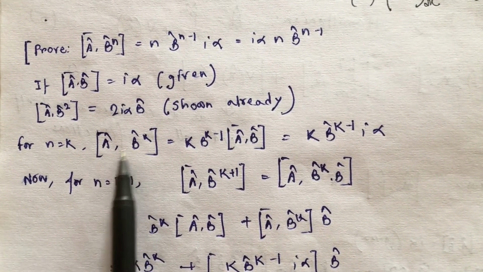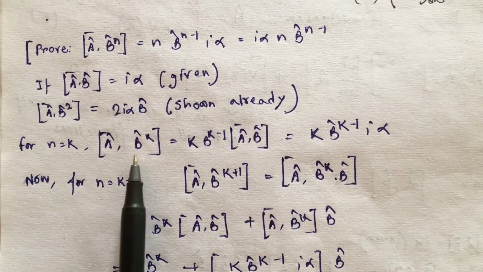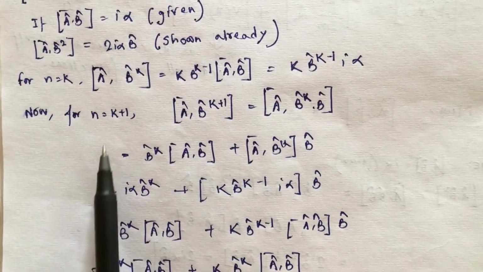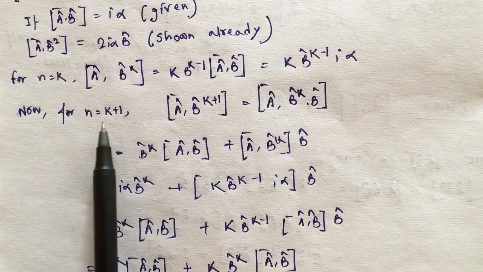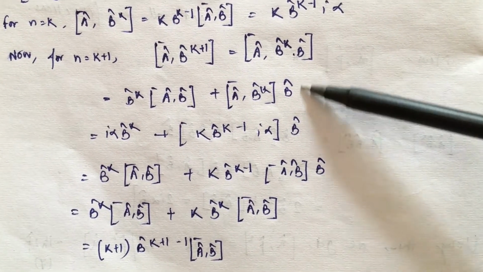So this is basically a commutation relation of A and the polynomial of B, and this will be like this. And now for n equal to k plus 1, I am just doing this.